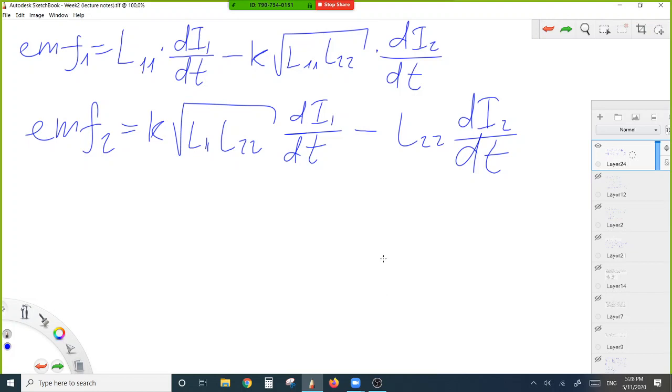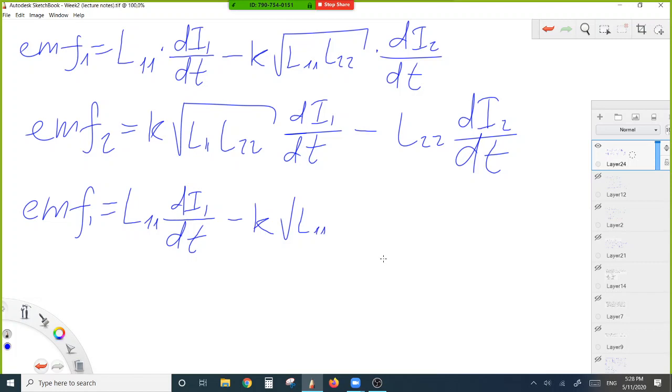Let's start by computing electric motive force 1, which is equal to L11 di1 over dt minus k square root of L11 L22 multiplied by di2 over dt.